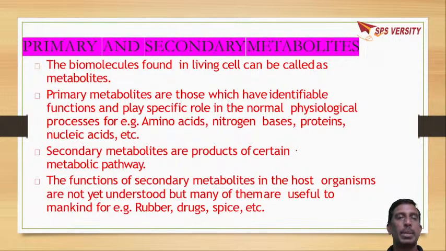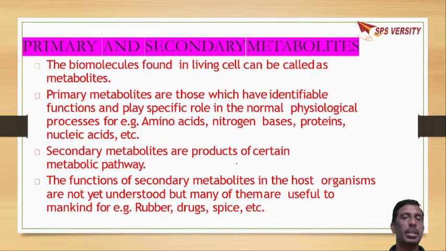The next aspect is primary and secondary metabolites. What is primary, and what is secondary? Metabolites means the biomolecules which are found in living cells. Okay. So these metabolites are again of two types, primary and secondary.